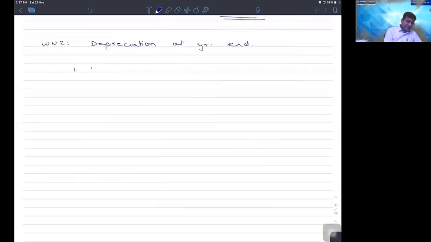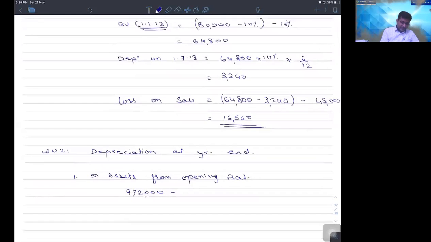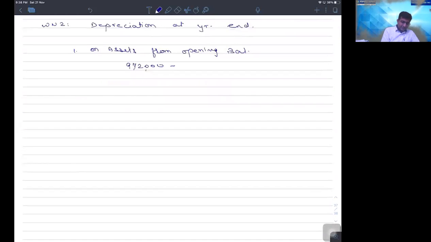Similar question we have solved already. If you remember, कुछ याद आ रहा है क्या? हाँ, so it will be 9,72,000. That is opening balance of all assets less 64,800.